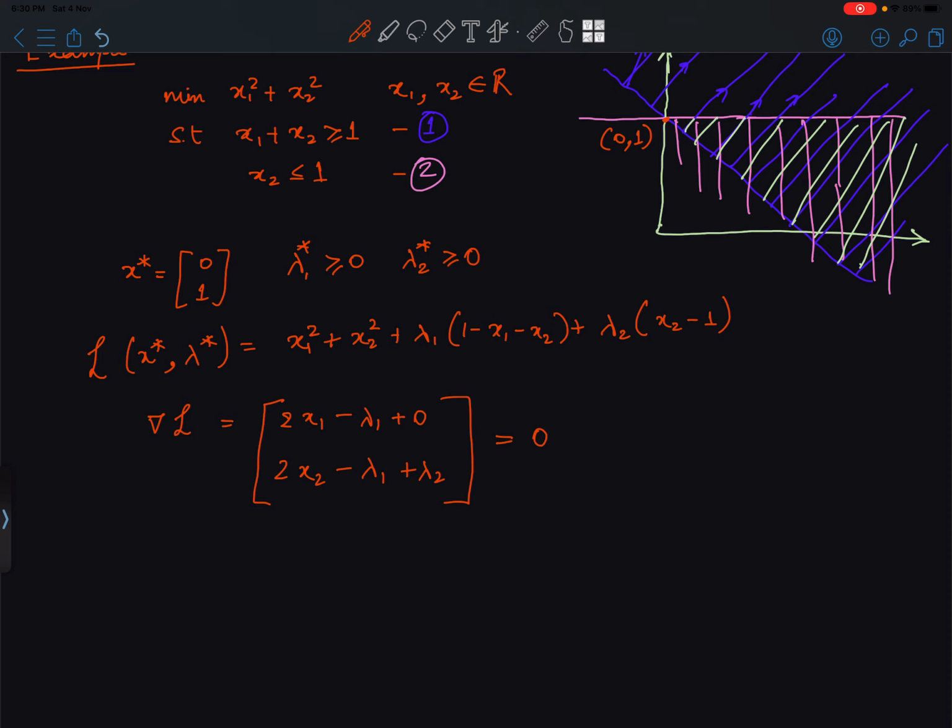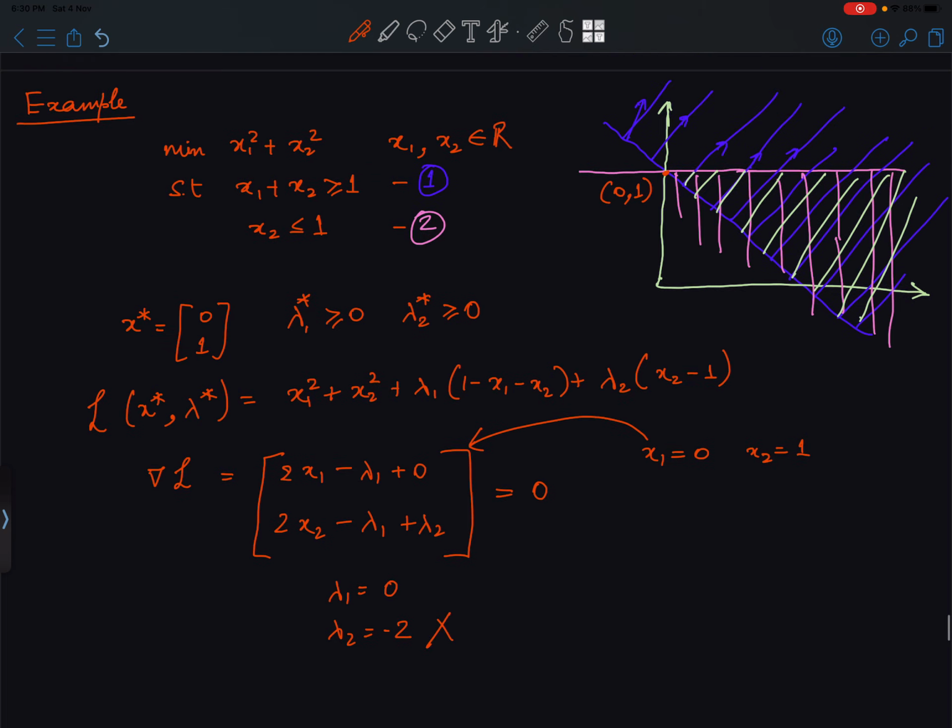And what do I know? I know that x1 is 0 and x2 is 1. If I put these values in, I get lambda 1 is 0 and lambda 2 is minus 2, which is not possible, because lambda 2 should be greater than or equal to 0.